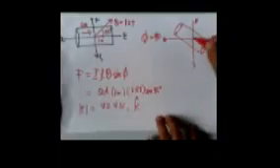This is our B, and the direction of the rod is southeast, forming 90 degrees. Therefore, the maximum force F is equal to I L B sine phi.